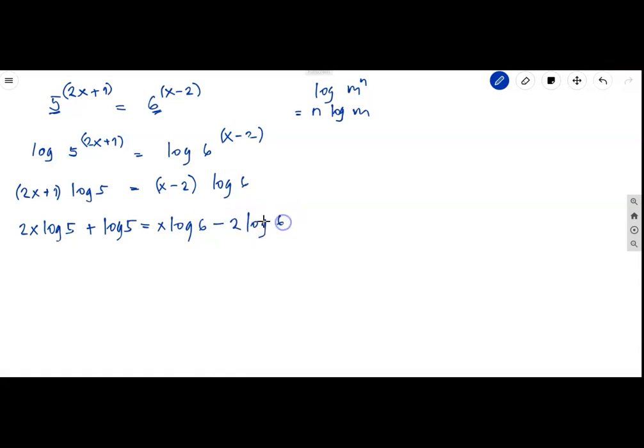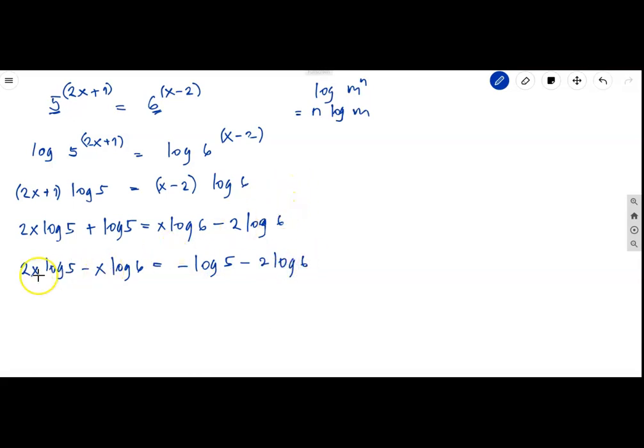From here, you can observe that we have common variable x, so you move the x log 6 to the left side. You will have 2x log 5 minus x log 6. And this one you move to the other side as well, which gives us equals negative log 5 minus 2 log 6.